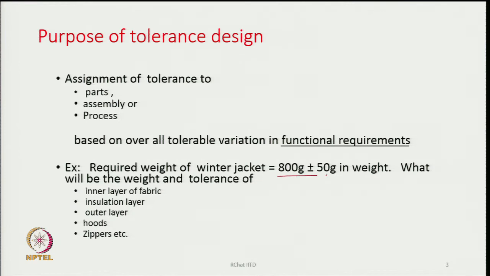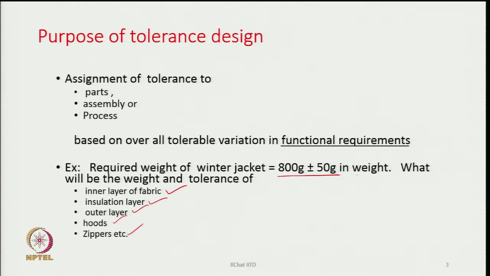As we have given an example here, the required weight of a winter jacket is 800 gram plus minus 50 gram. What will be the weight and tolerances of the inner layer fabric, insulation layer, outer layer, hoods, zippers, because the weight of all those individual items is going to contribute towards the total weight of the winter jacket.